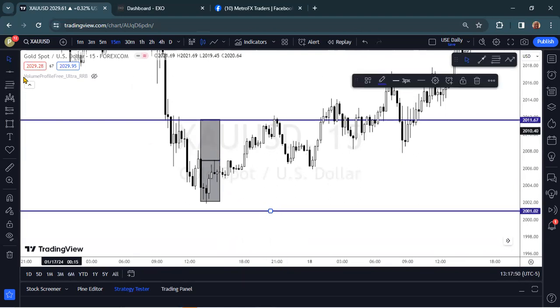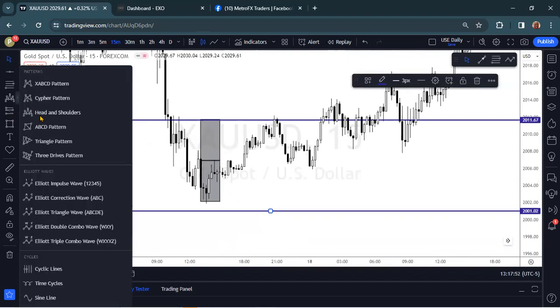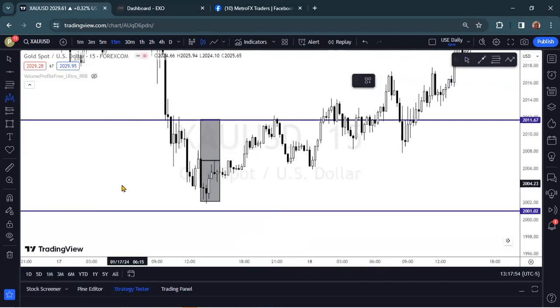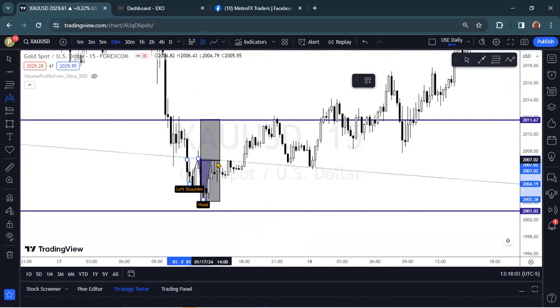Okay. And I'll just draw out the head and shoulders real quick. So take it from this candle here, here, here, here, here, this candle here, inverted.